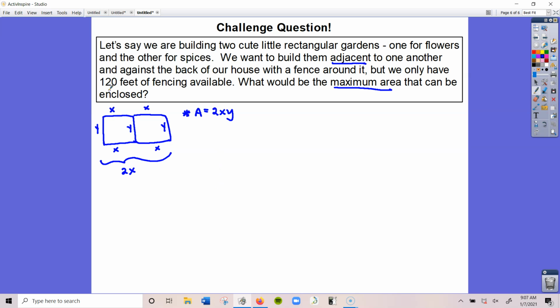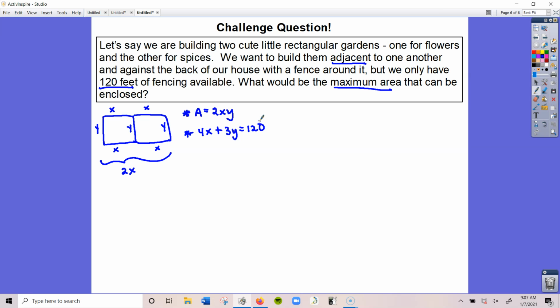Now we only have 120 feet of fencing available for all of my fence. So that's again my perimeter. So you just basically add all of this together: x plus x plus x plus x, which is 4x, plus y plus y plus y, which is 3y, and we're going to make that equal to 120.